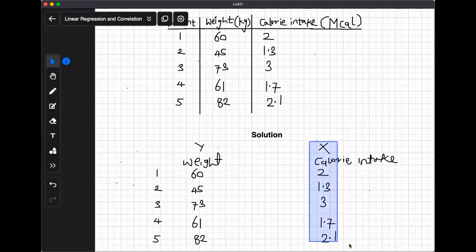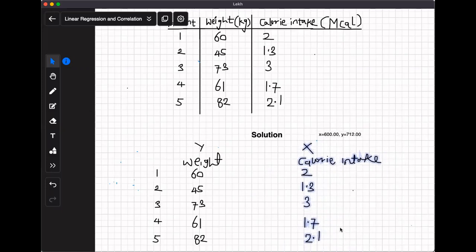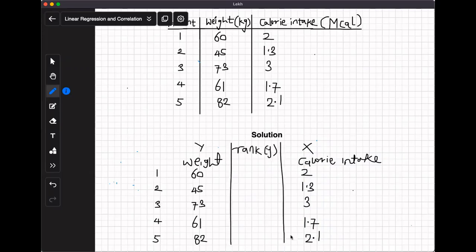So let's look at the rank of Y, and if you like, you may call this rank of yi.